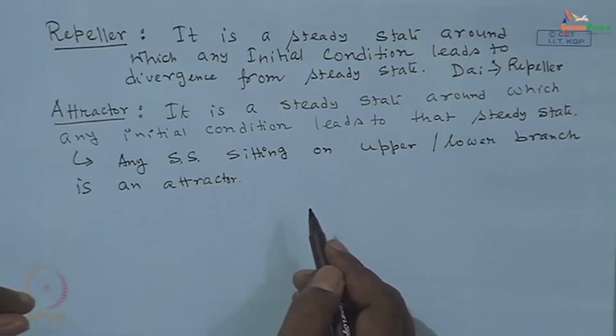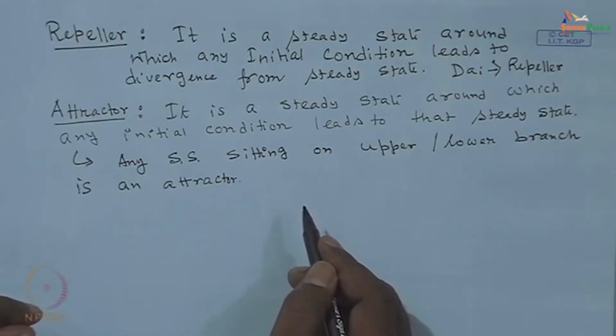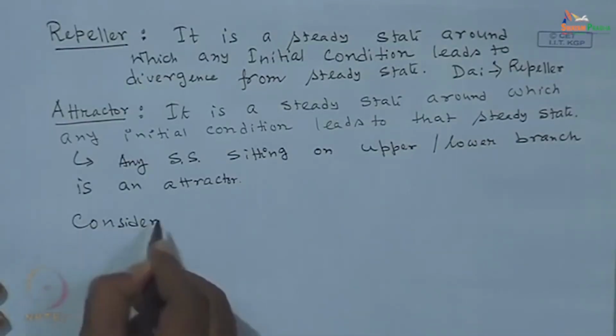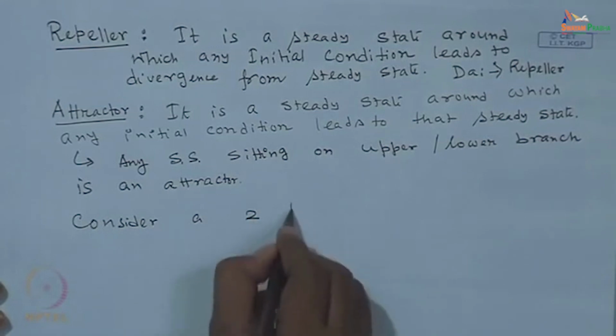Now, let us try to develop the theory of stability for a two-dimensional system. This can be extended to a multidimensional system. For that we consider a two-dimensional autonomous system.